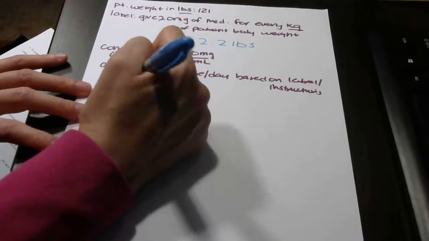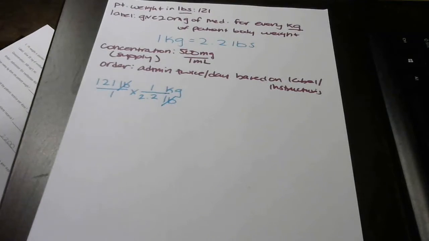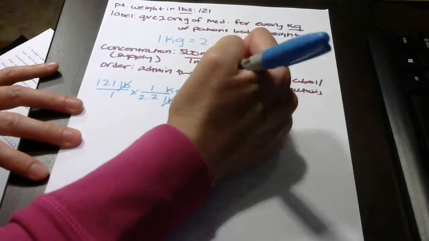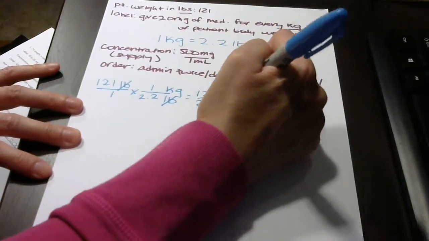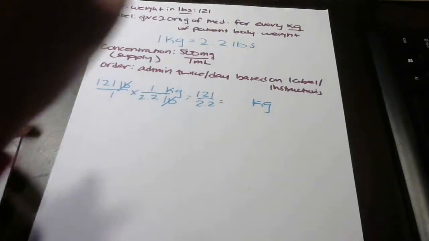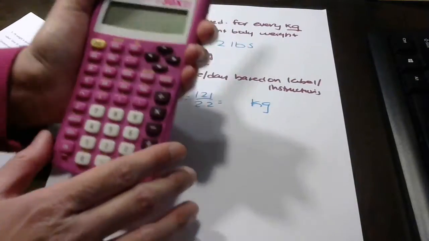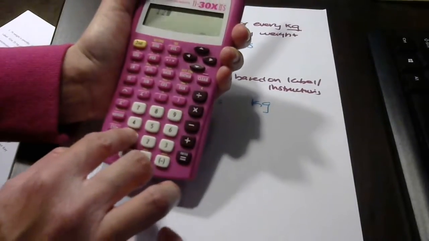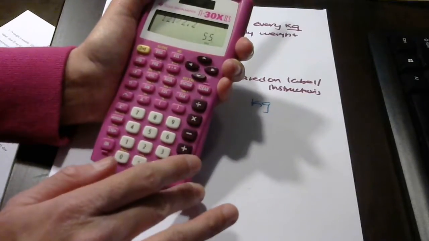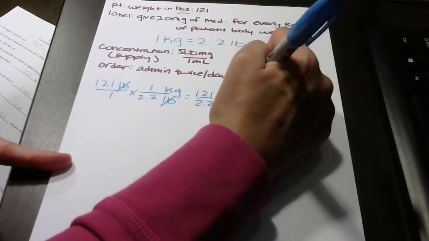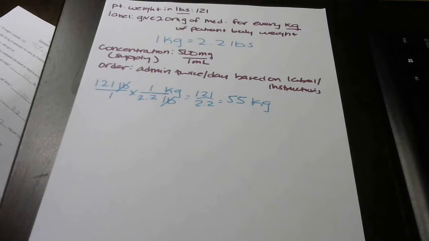So the pounds are going to cancel out, which means we will take 121 divided by 2.2 to get our answer in kilograms. So we take our calculator and we take 121 divided by 2.2, which is going to equal 55. So the answer to the first question is 55 kilograms. That is how many kilograms our patient weighs.